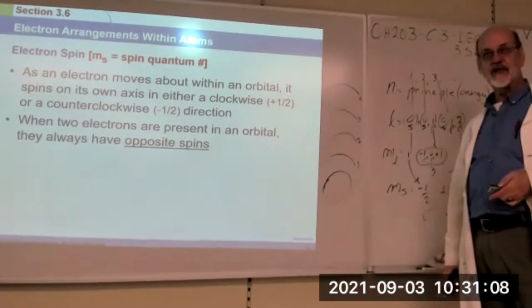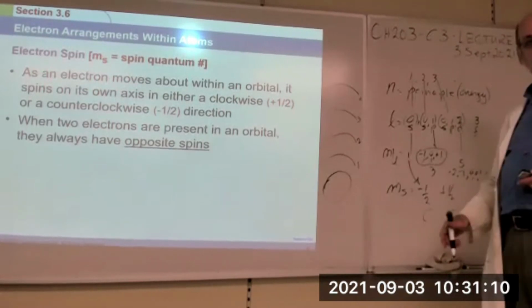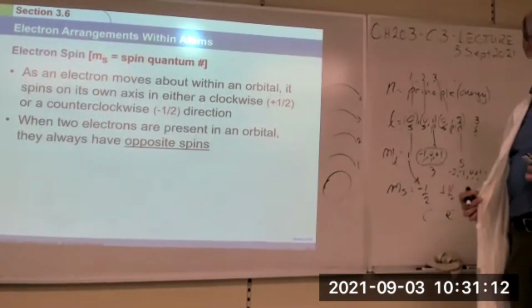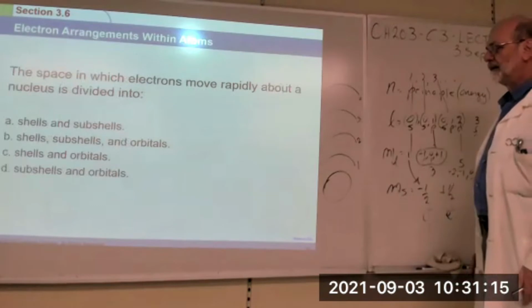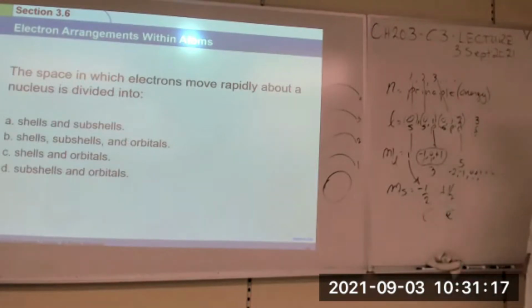They can't exist together in that close proximity without opposite spins. They occupy shells, subshells, and orbitals. Shells, these are the names that are given by your author: shells, subshells, orbitals.